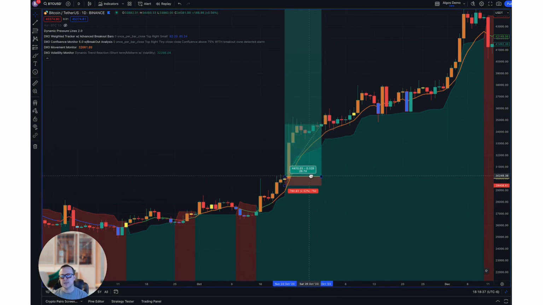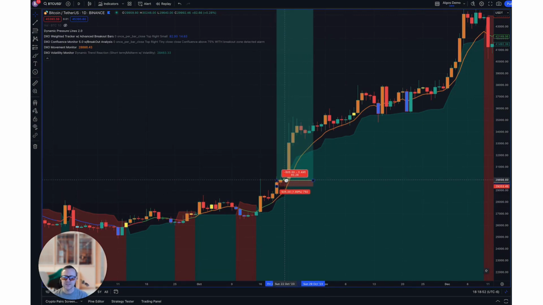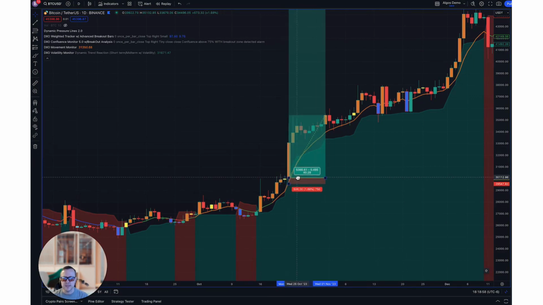If every day you just moved your entry, as long as conditions were conducive, a little closer and followed that movement monitor up, which takes a lot of patience, because the person that missed out here would be frustrated that now it's at 29.9 and it's still not retraced, and they'd be frustrated here as well. And then finally they'd get their entry.